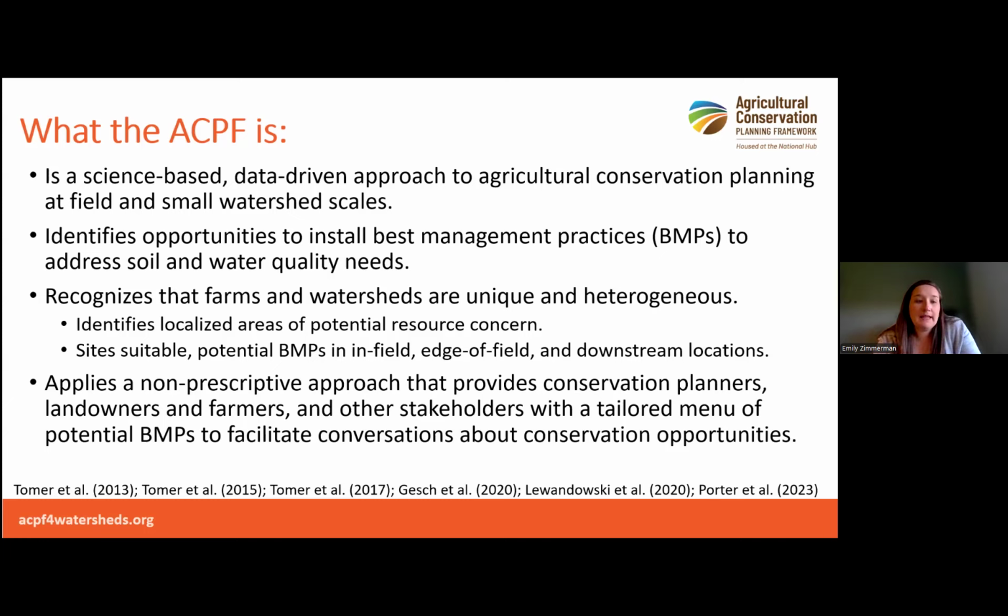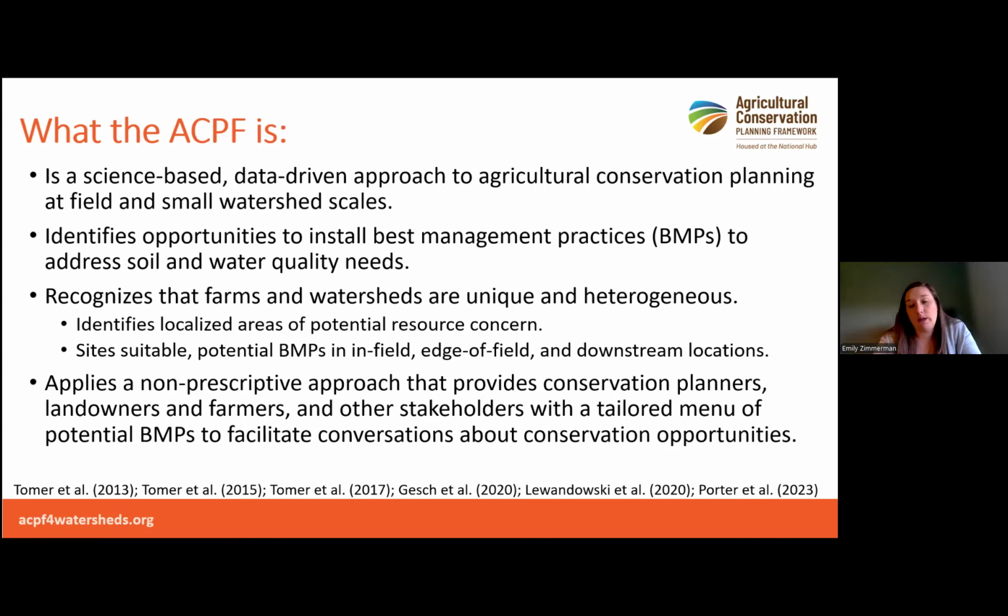The tool, because it's spatially oriented, really recognizes that both farms and watersheds are unique and heterogeneous. And what that means is that each of those fields and farms and watersheds might have different resource concerns in different places. And that means that the best management practices that might be appropriate for those concerns are going to be different.